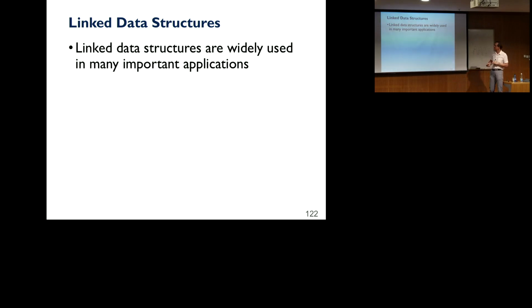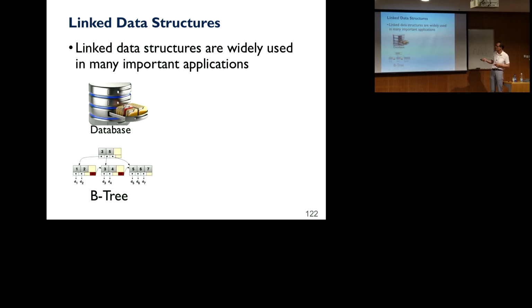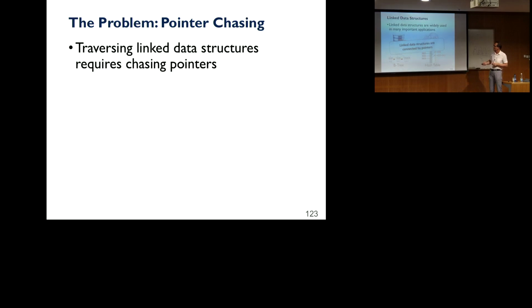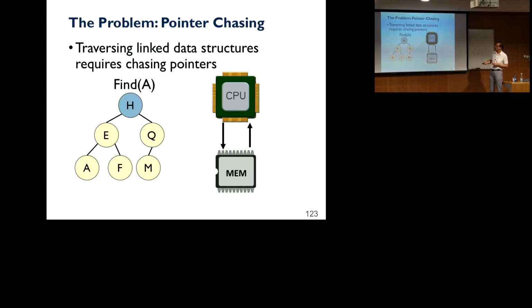So let's go through this a little bit, because I think this is an important thing, and it's not easy to accelerate these applications, linked data structures. They're used in many interesting applications, clearly. And you need to chase pointers. If you want to find A over here, today, you have a lot of data movement. You go through the memory, and you chase pointers, and you're bound by the latency of memory significantly.